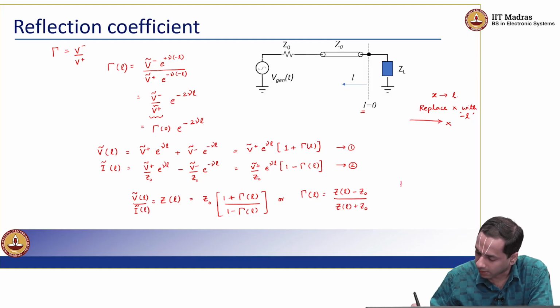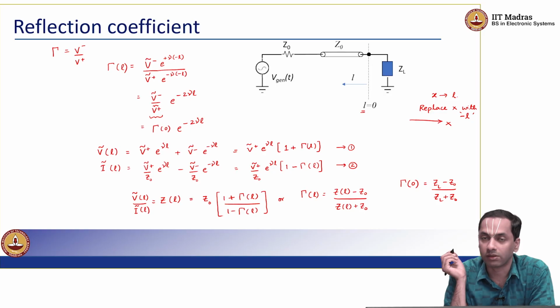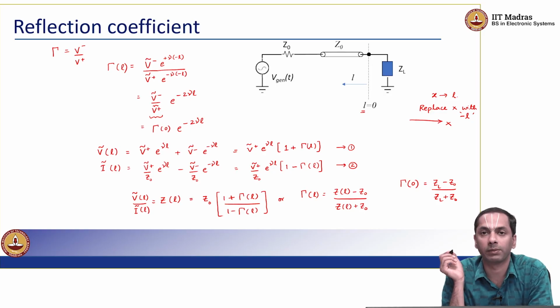So which means to say that gamma of 0 at the load is simply ZL minus Z naught divided by ZL plus Z naught, right? So this is conveniently the same expression we had got for resistive loads in the time domain analysis.